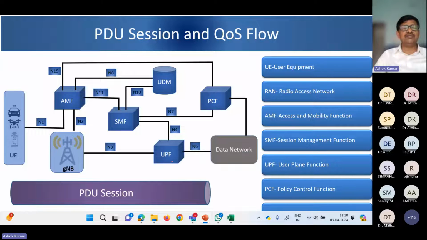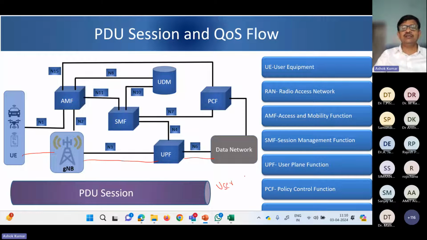So basically what happens is that there is some pipe created, a connection created from, say, user equipment to gNode B to UPF, and then beyond it goes to the data network. This pipe, this series of connections, is called a PDU session, and this PDU session is used to carry user data.